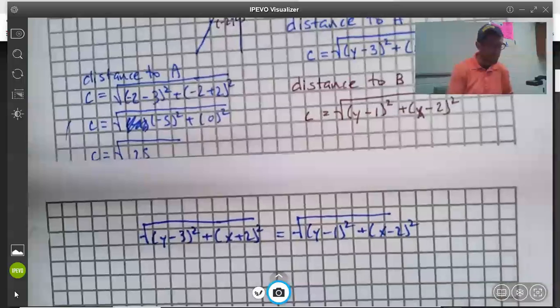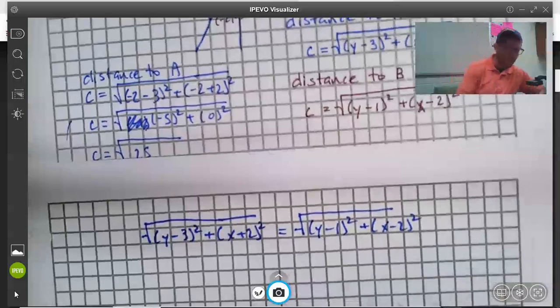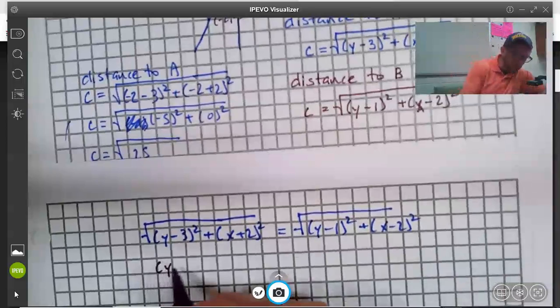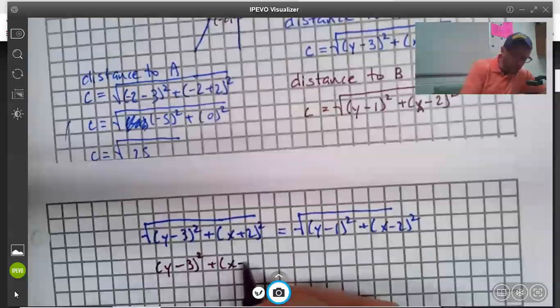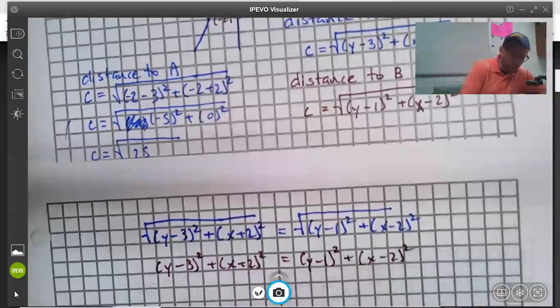First thing I'm going to do is square both sides, so I'll get rid of these square root brackets. So I'll end up with y minus 3 squared plus x plus 2 squared equals y minus 1 squared plus x minus 2 squared. So I just squared both sides.